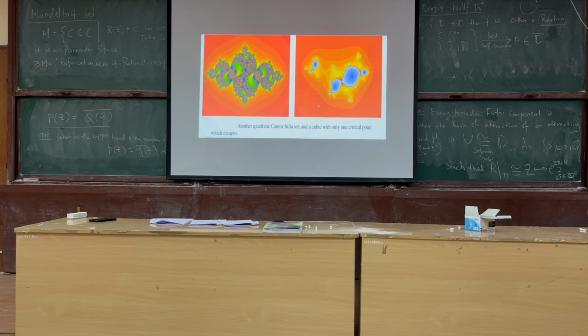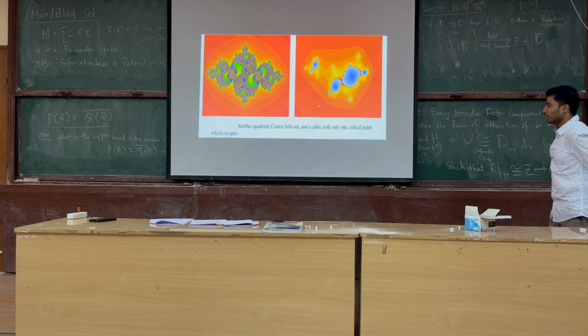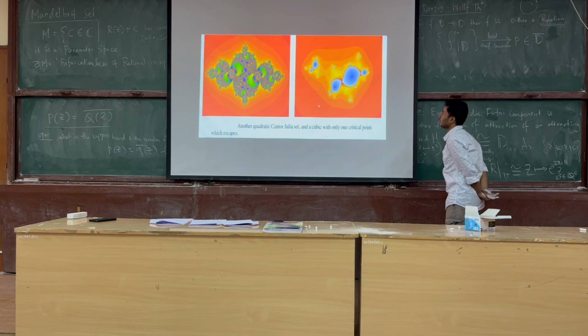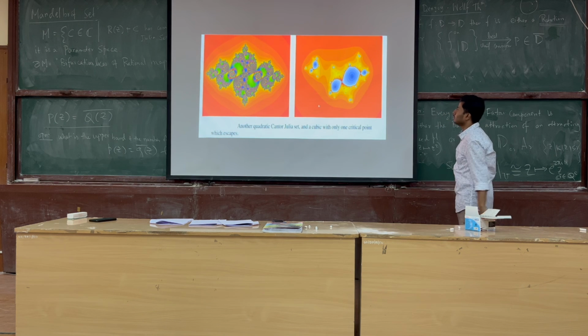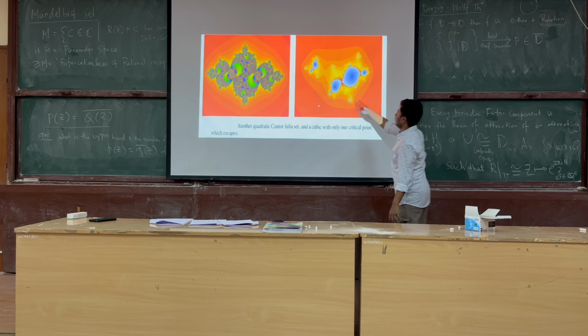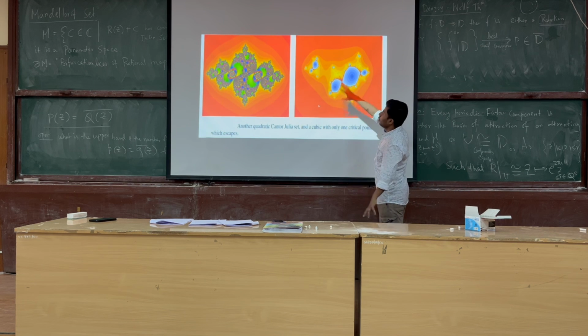So one thing to ask is: is it true that the Fatou components or the Julia components have some nice orientation or something nice? But it may not. It may not be a symmetric thing.